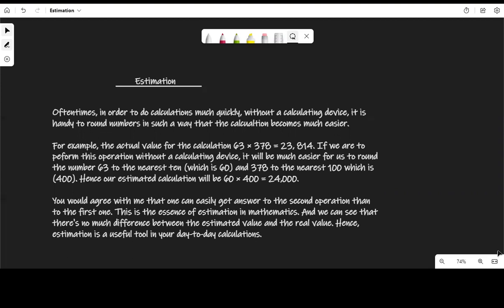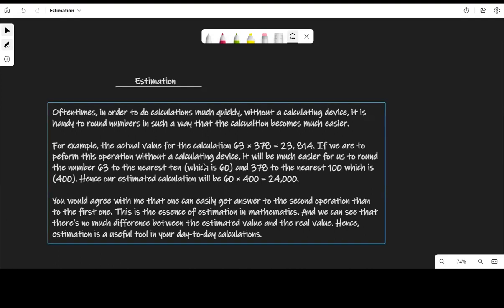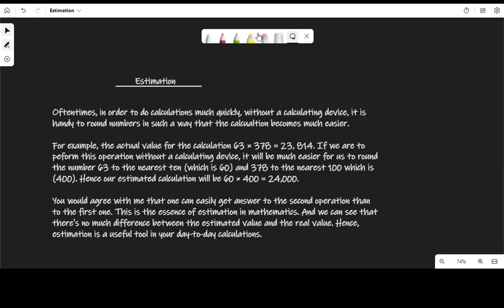And in the other class, we talked about rounding off decimal numbers. So all of that is trying to get an approximate value of calculations. Another way of getting an approximate value of calculation is estimation.